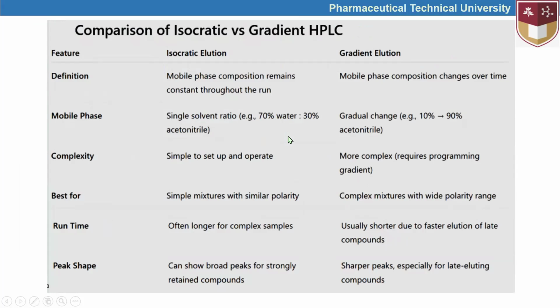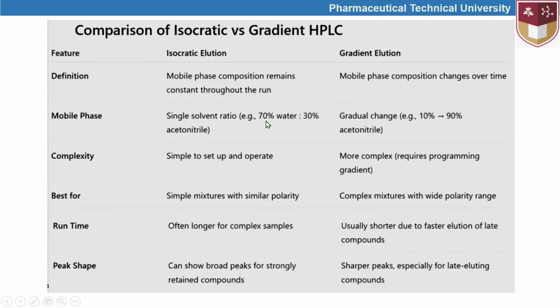Next, this is about the comparison of isocratic and gradient HPLC. By the features, we can differentiate them. First, isocratic means the composition is constant, it does not change, while in gradient the mobile phase composition changes.